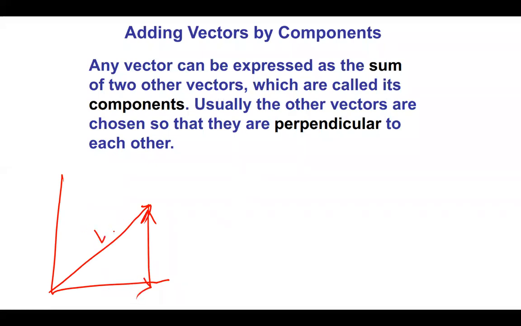So if this is v, you're going to have vx, and then you also have vy. So vx will be just our vector in the x-axis, which is this one. Then we also have vy, which is the vector in the y-axis.